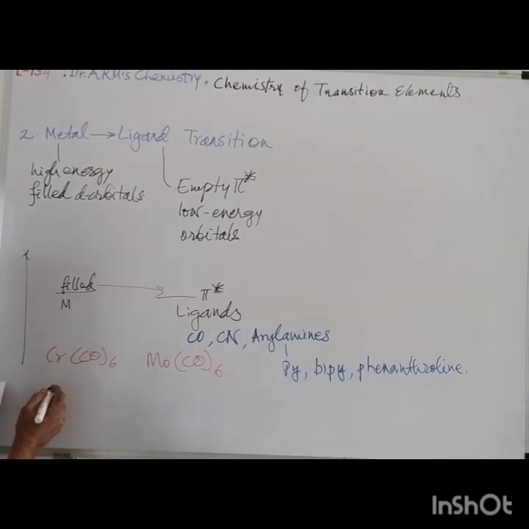For example, in case of the chromium complex, the absorption bands are observed at 35,800 per centimeter frequency. This is the first band. The second band is appearing at 44,500 per centimeter.